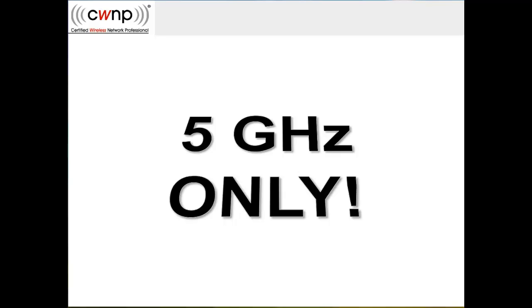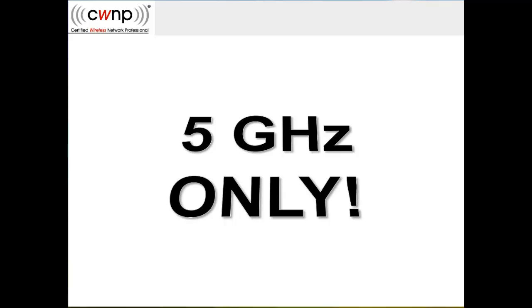Well, the thing to keep in mind is that what you have in the 2.4 gigahertz band with 802.11ac devices is actually 802.11n. That device is implementing the HT physical layer in the 2.4 gigahertz band, and it's implementing the VHT physical layer in the 5 gigahertz band.